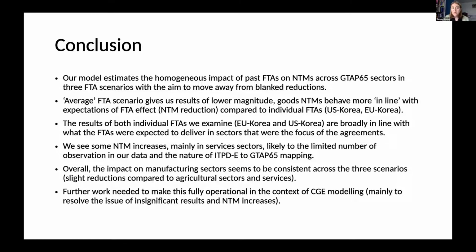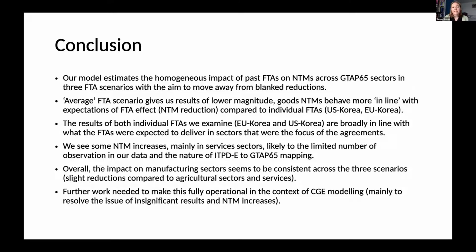So in terms of conclusions, we have estimated the impact of past FTAs on NTMs across GTAP 65 sectors, with the ambition to move away from blanket reductions.